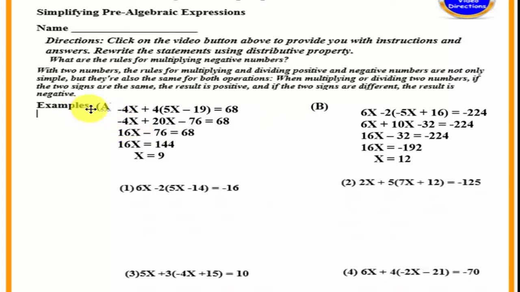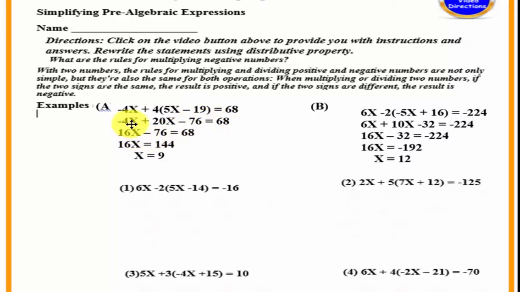Let's look at example A first. Negative 4x plus 4 times 5x minus 19 equals 68. The next step we do is simply bring down the negative 4x plus 20x, because 4 times 5 is 20x, and 4 times 19 is negative 76, equals 68.